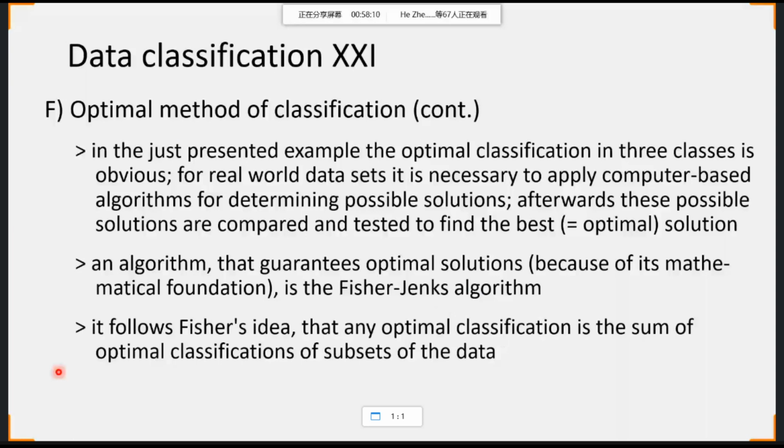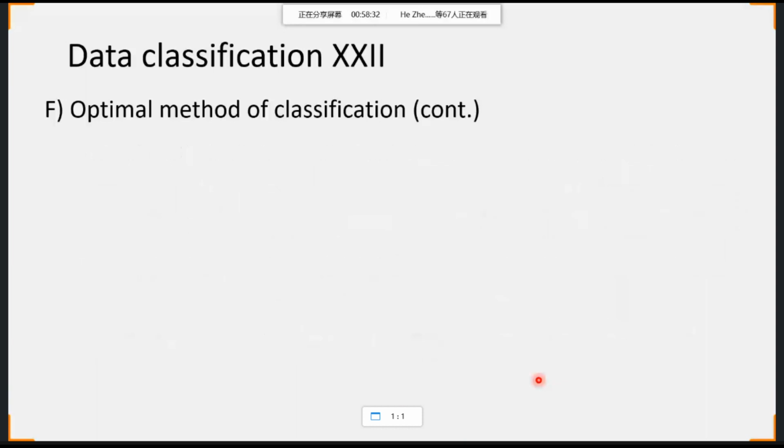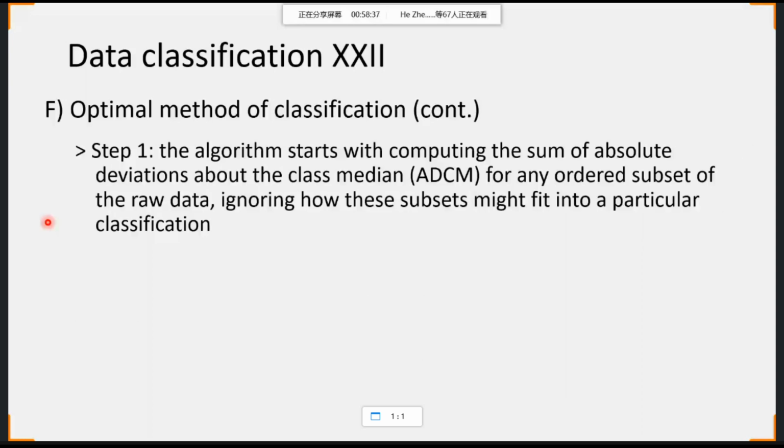It follows Fisher's idea that any optimal classification is the sum of optimal classifications of subsets of the data. So we look at subsets of the data, with not all data involved, just a part of the data is used, a subset. And so here are the steps, finally, after this introduction.